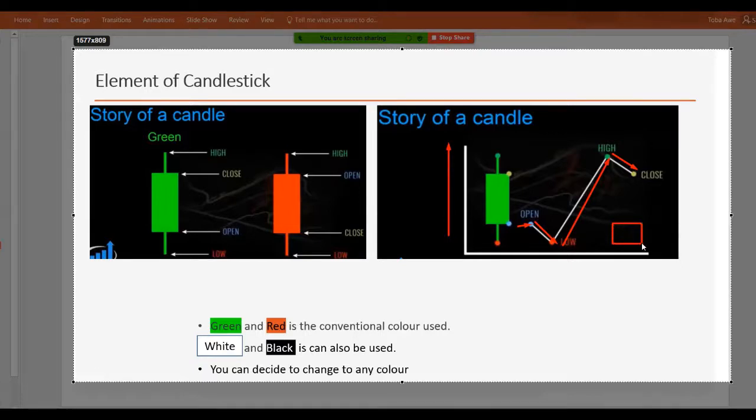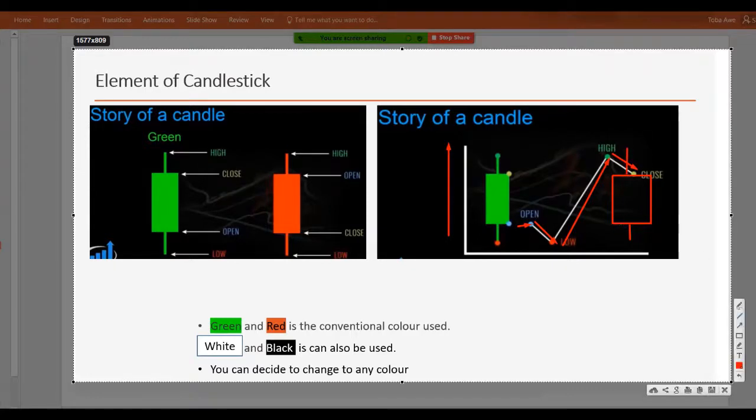When it went down, it came up again, went up to this level, then came here to close. So open and close give us the body of a candle. A candle has a body and wick. This is the body, and you have the wick of the candle. The wick is the lowest part and the highest part of the candle.